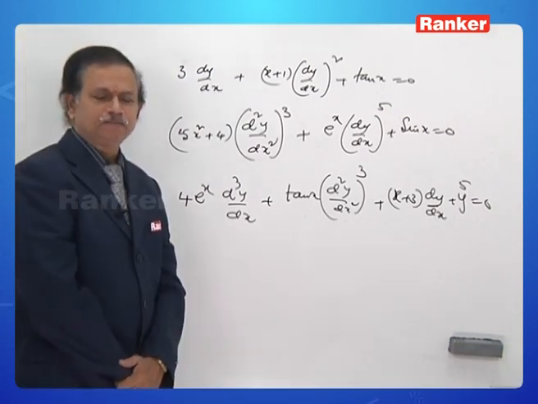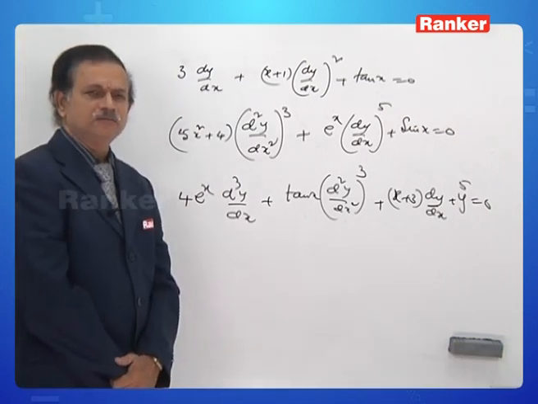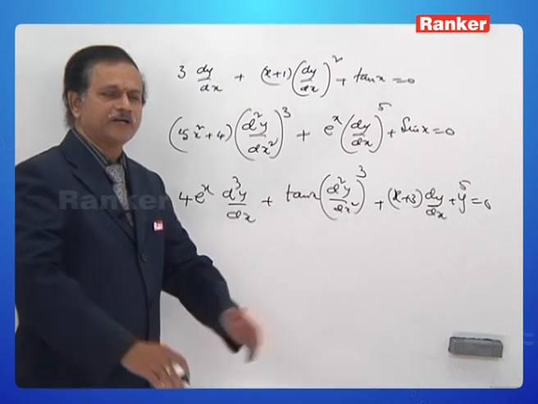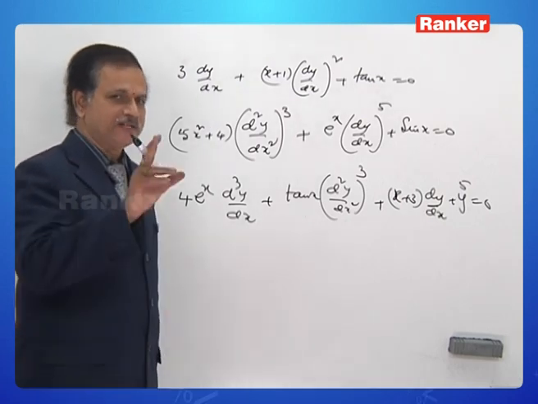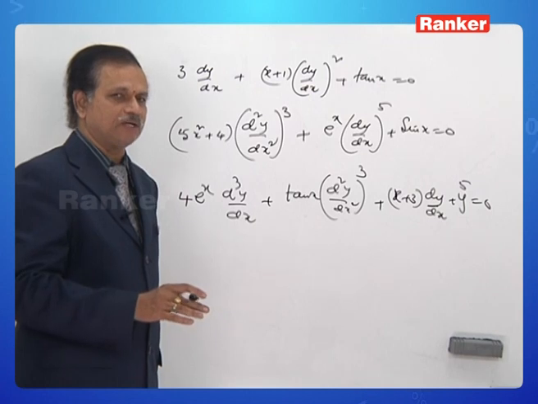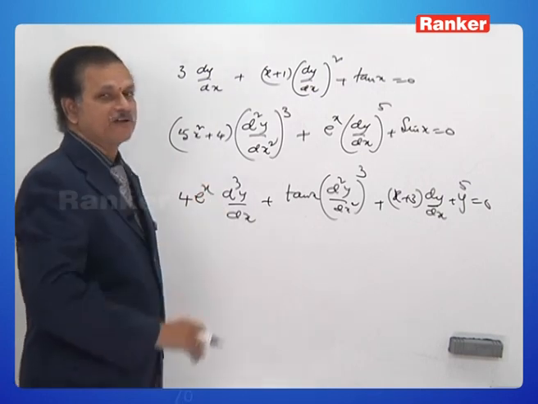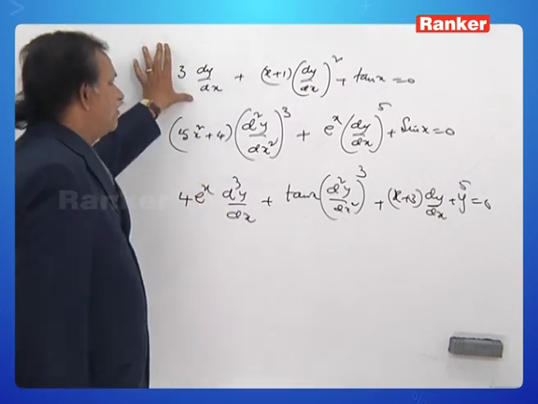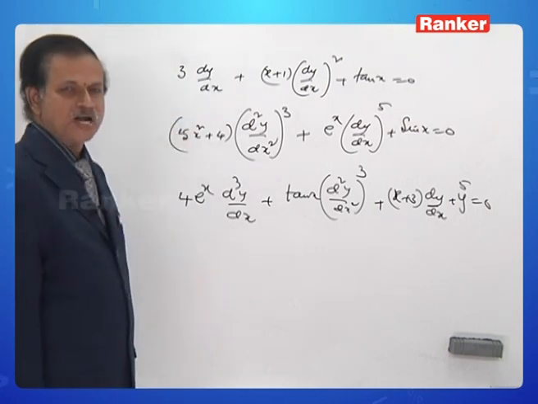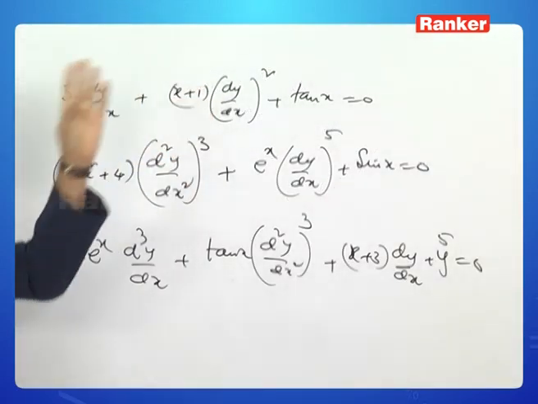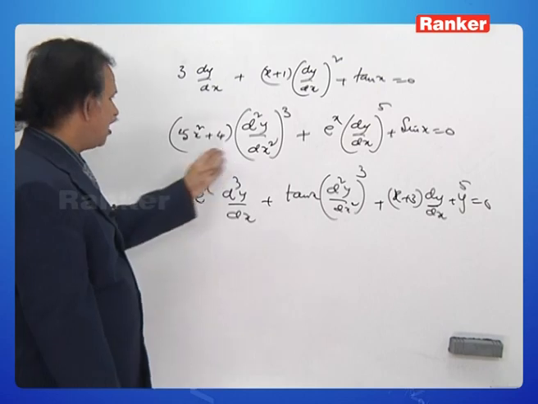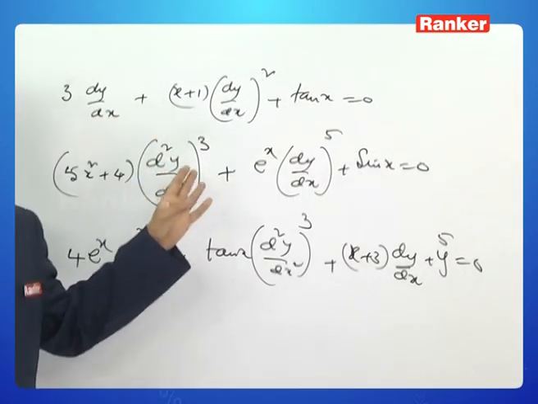Well, my dear, we are to know about the degree of the differential equation. First of all, you please tell me the order of these three differential equations. What is the order of this differential equation? First order. Why? Because dy by dx is only present. What is the order of this equation? Second order. Why?